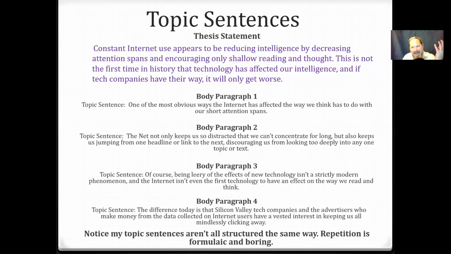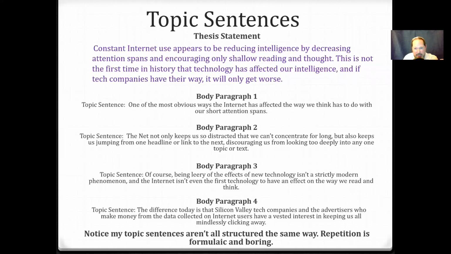The bad five-paragraph essay tells you that you should repeat and list. It says you should always repeat your argument. It says that you should write a really boring topic sentence like, "One way that the internet has affected the way we think is to..." Oh, look, that's kind of what I did in the first body paragraph.